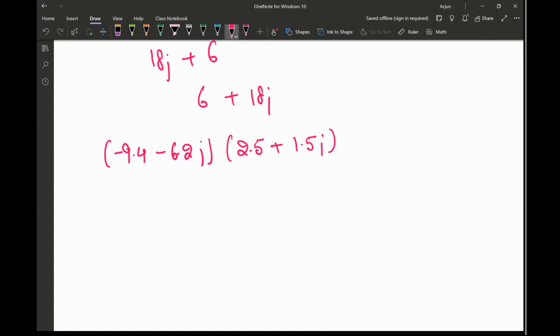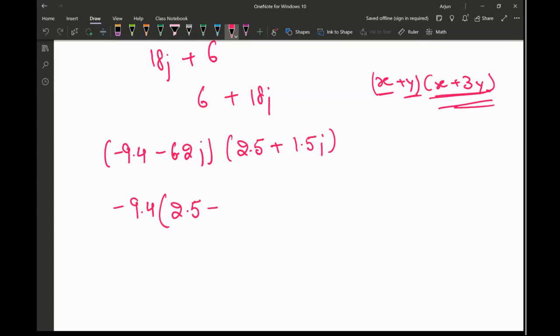So again, as we used to solve those questions, x plus y and x plus 3y, let's say, I'll take the first term, multiply by the complete parenthesis, take the second term, multiply by the complete parenthesis. That's the way I'm going to try and solve this question too. Negative 9.4 times 2.5 plus 1.5j, minus 6.2j times 2.5 plus 1.5j.